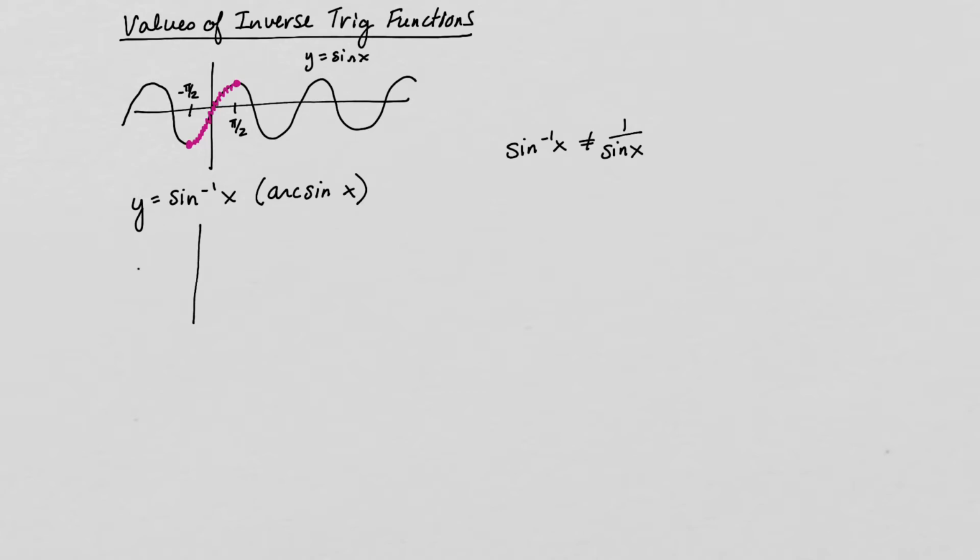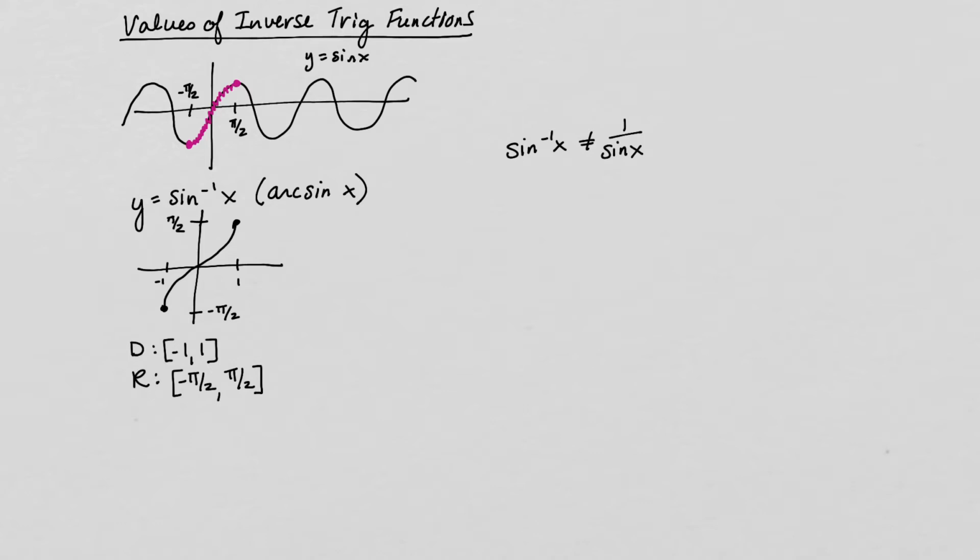The way the graph looks is like this. It goes between -1 and 1, and it's as high as pi over 2 and as low as minus pi over 2. So the domain is -1 to 1, and the range is minus pi over 2 to pi over 2.